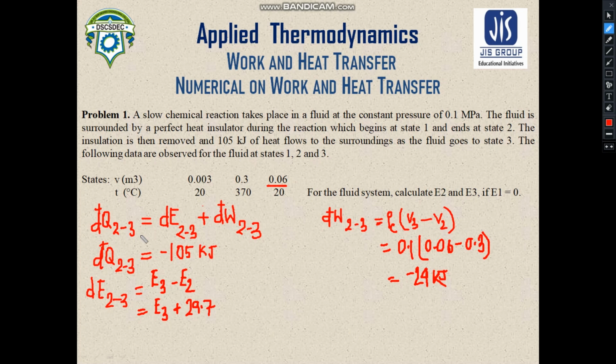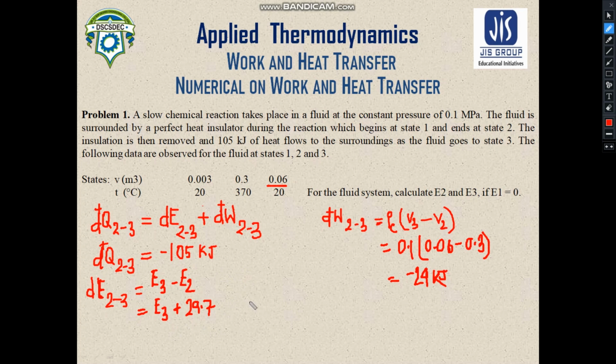Now for this equation, when I am applying the first law of thermodynamics for process 2 to 3, it is quite evident that this dq 2 to 3 is minus 105. I have already expressed why this minus is here. And dE 2 to 3, the change of internal energy for process 2 to 3, will be E3 minus E2. Now we have already calculated E2 as minus 29.7, so this becomes E3 plus 29.7.